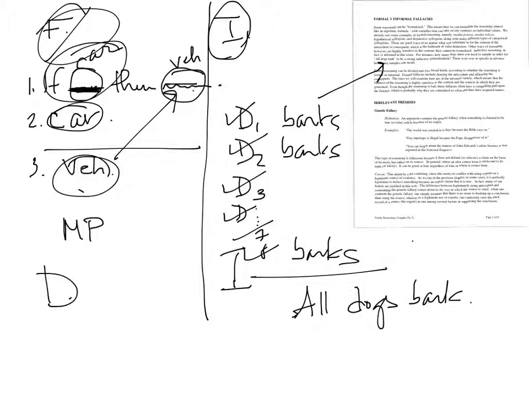But notice that there is no clear cutoff point about exactly what's going to make this an inductively strong conclusion. Surely, if you look at more dogs, say, if you increase your sample set of dogs to 50, that's going to be stronger than the current 8 for this argument.